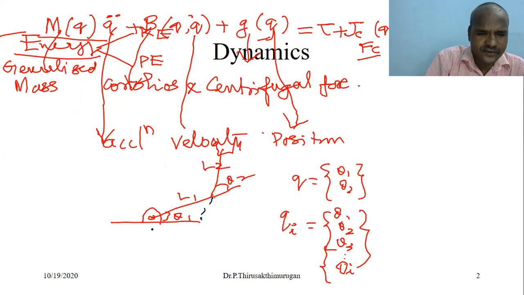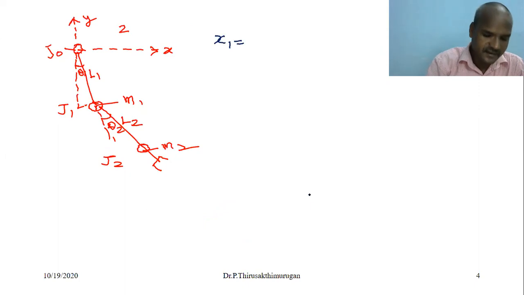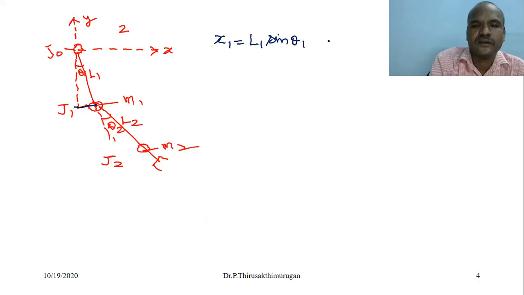So in this case, x1 equal to L1 cos theta 1. X2 is L1 cos theta 1 plus L2 cos of theta 2. But here it is different, right? This length is opposite to theta 1. So x1 equal to L1 sin theta 1.